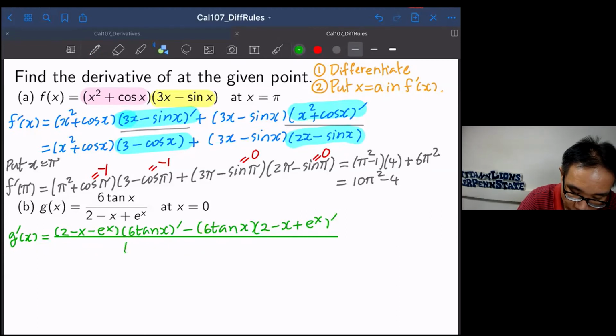In this case, it's going to be (2 minus x plus e^x) squared.